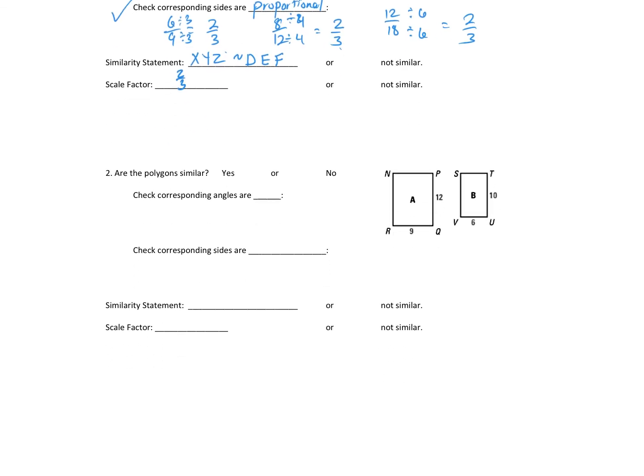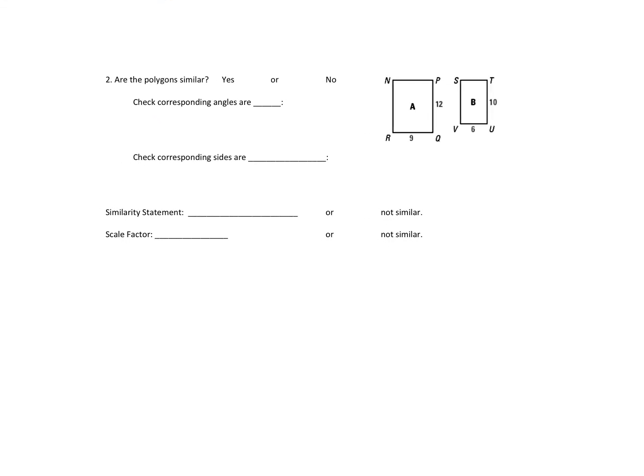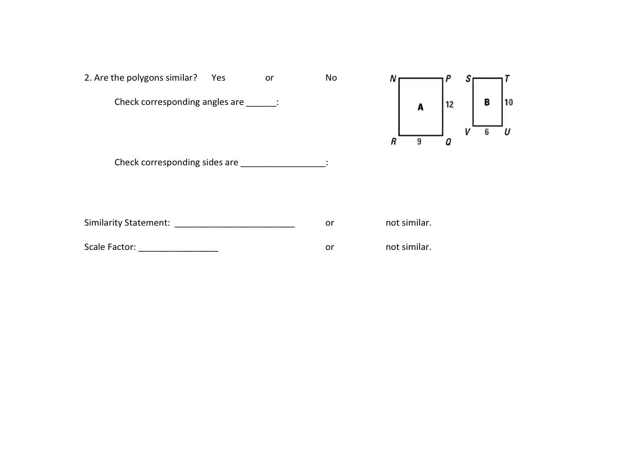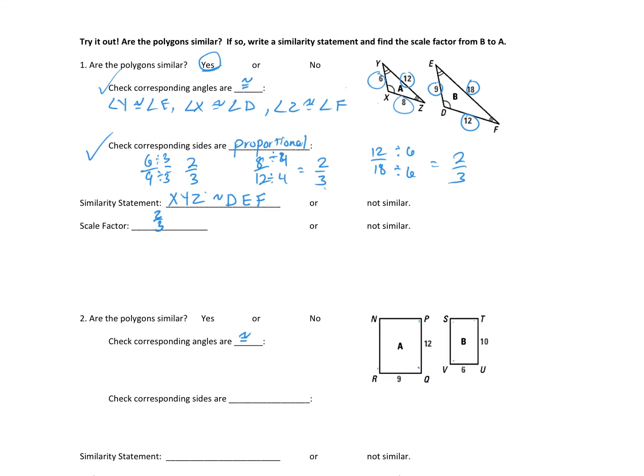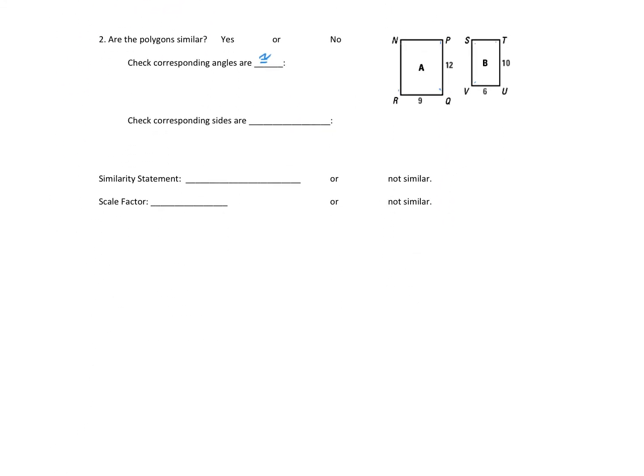Okay, let's look at number 2. Are the polygons similar? Well, I know all the angles are congruent, but I have to check the sides, right? All the angles are definitely congruent, but if the sides are not proportional, we don't know that for sure yet. So let's check the sides.